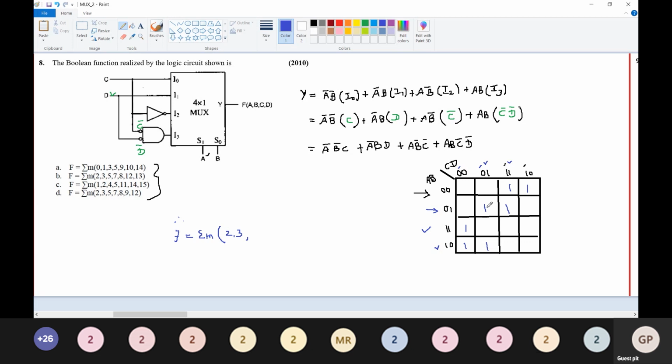We don't have 5, 6, 5 and 7, 5, 7, 8 and 9, 8, 9, 10, 11, 12. So these are the corresponding minterm values: 2, 3, 5, 7, 8, 9, and 12. So the option is D. This is your correct option.